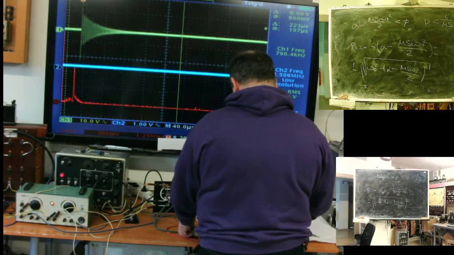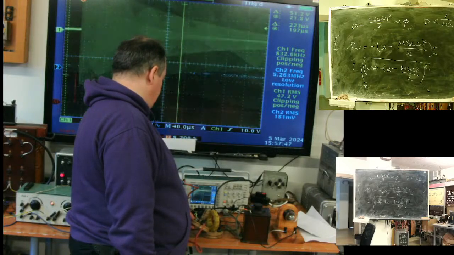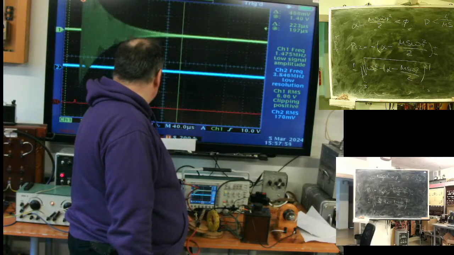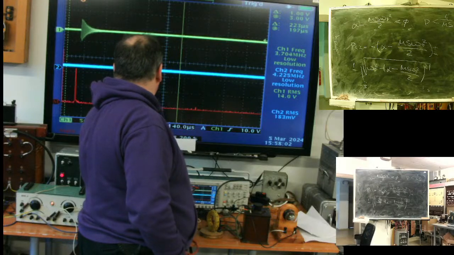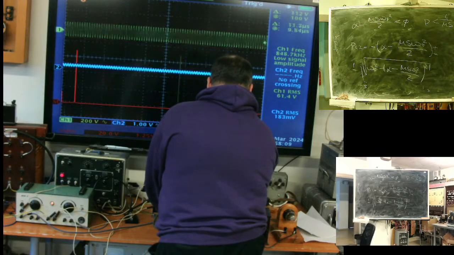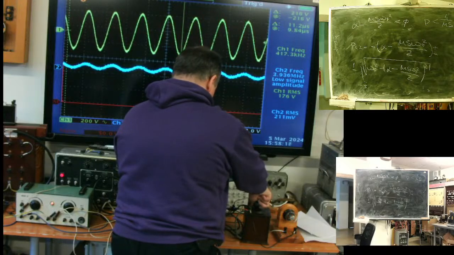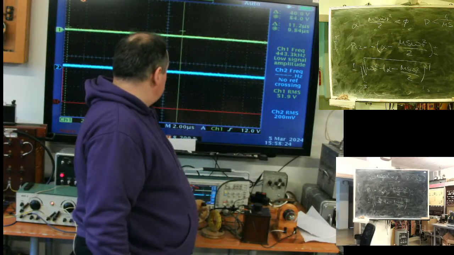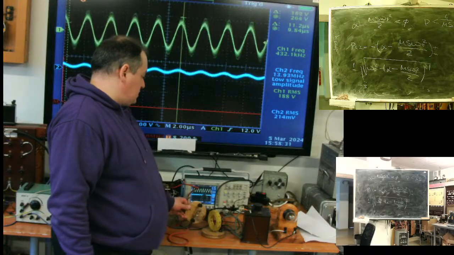This one is certain. It nicely generates because the anode is selected.